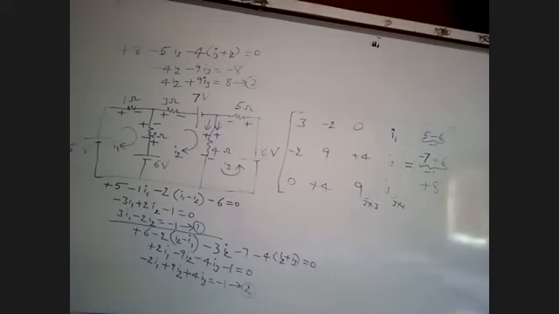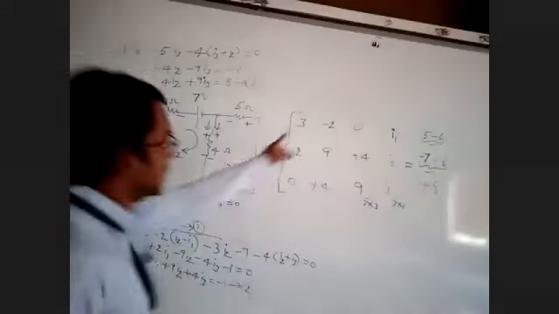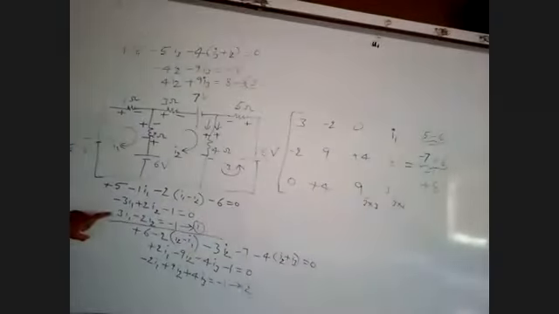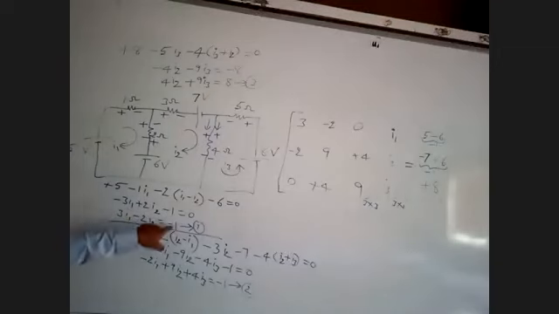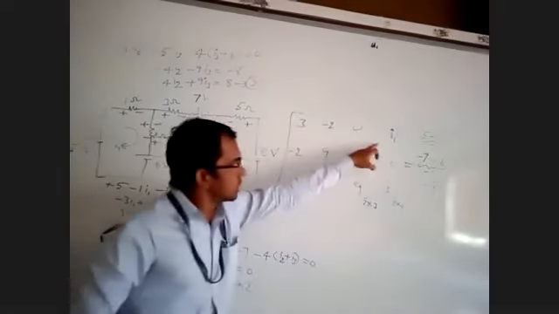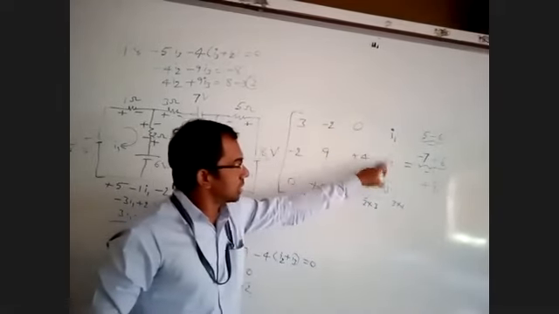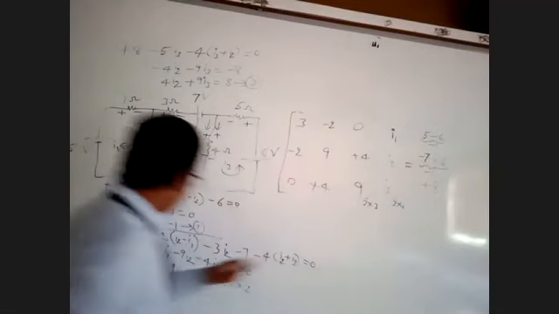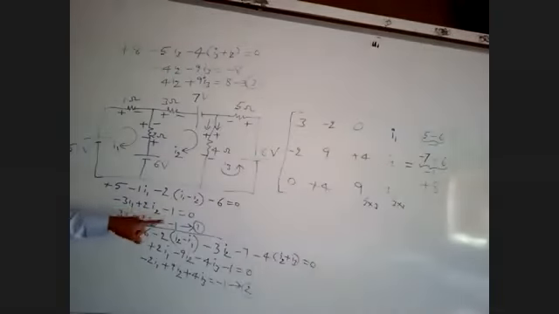Compare the first equation with the matrix: 3 into I1 minus 2 into I2. I3 is not there. That is equal to minus 1. This is your first equation.